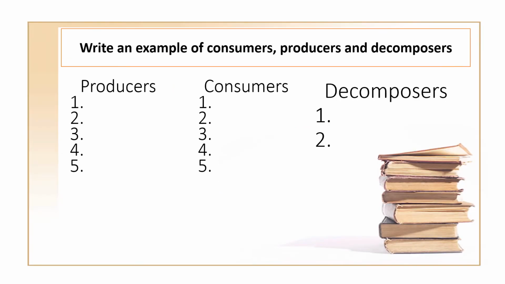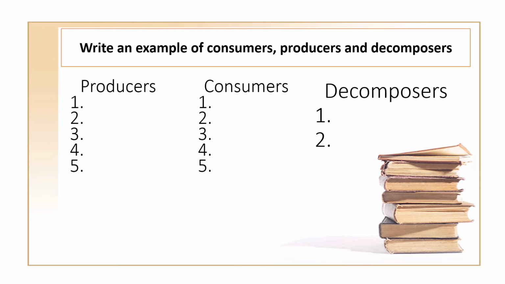For your activity today, class, you're going to write an example of consumers, producers, and decomposers. So what are the examples of producers? Okay, I will give you a clue. Producers are living things that use the energy of the sun to process their food. So that is a plant. Okay, so you can write any kind of plants there in producers.